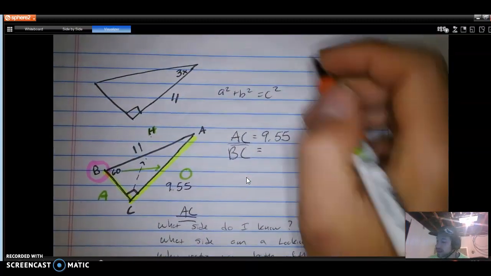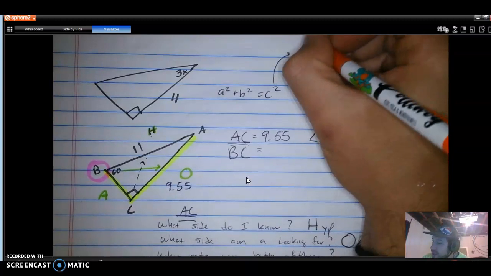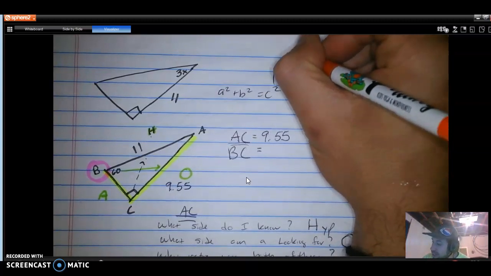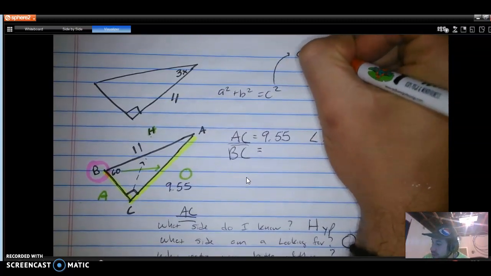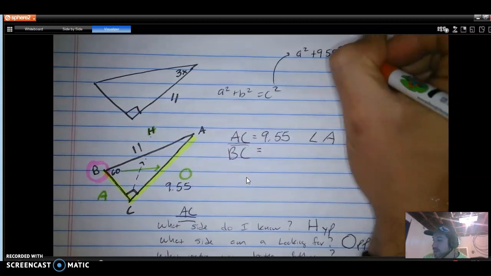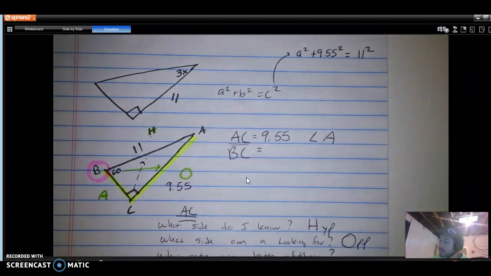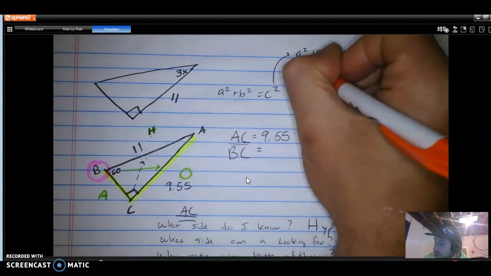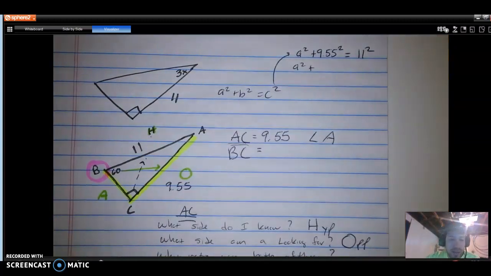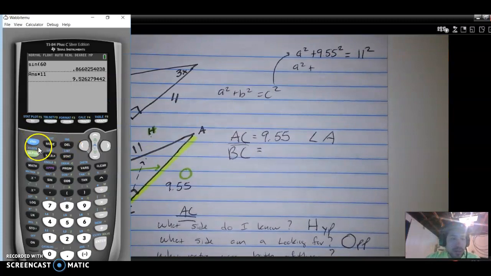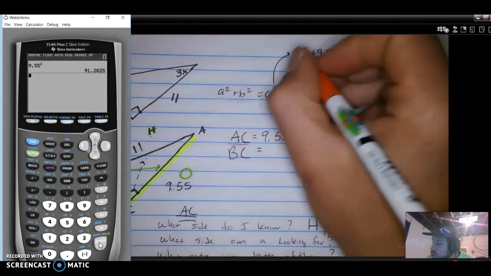And in fact, I can say a squared plus 9.55 squared is equal to 11 squared, right? Let's do 9.55 squared in our calculator. Clear. 9.55 squared, 91.2.